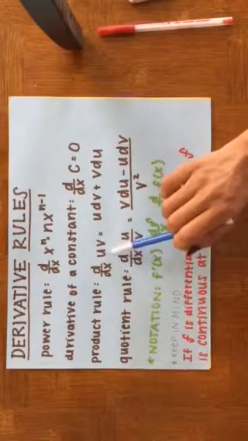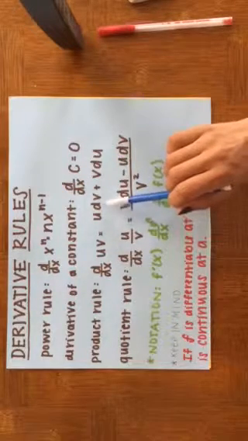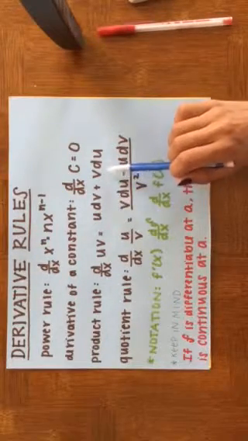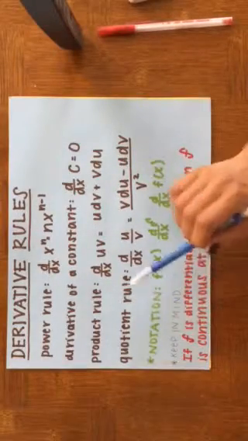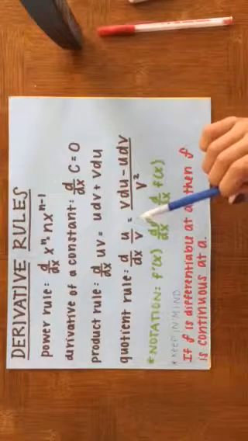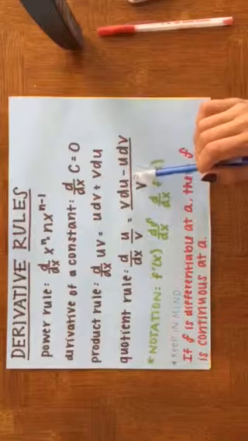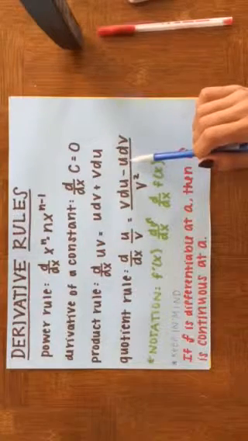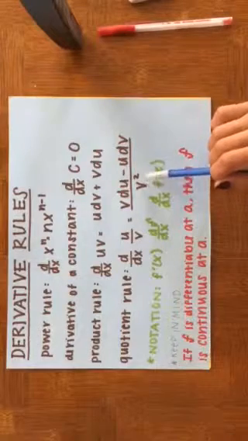So you have the product of two terms, you want to find the derivative of it. So you do the first term times the derivative of the second term plus the second term times the derivative of the first. The quotient rule, which is the quotient of two variables: you have the denominator times the derivative of the first minus the numerator times the derivative of the second, all over the denominator squared.